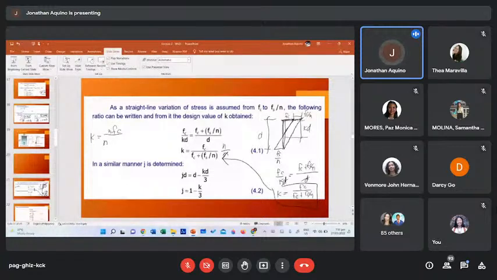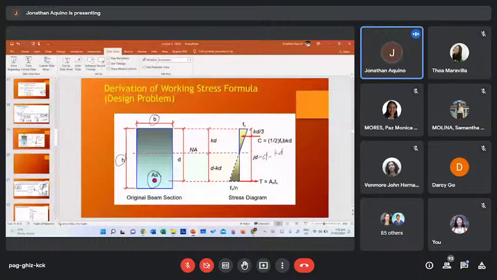Then, similar manner, in determining for JD from this figure, so JD is simply equal to D minus KD over 3. So D will cancel out. So J is just simply 1 minus K over 3.